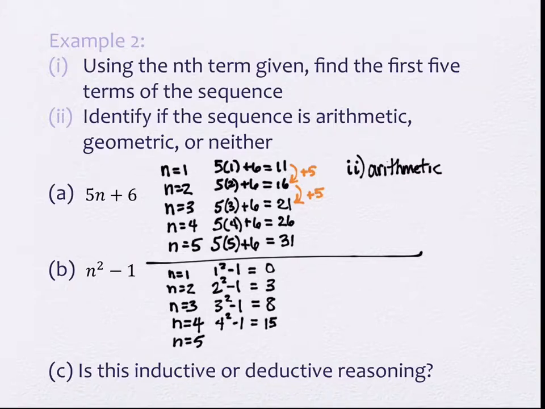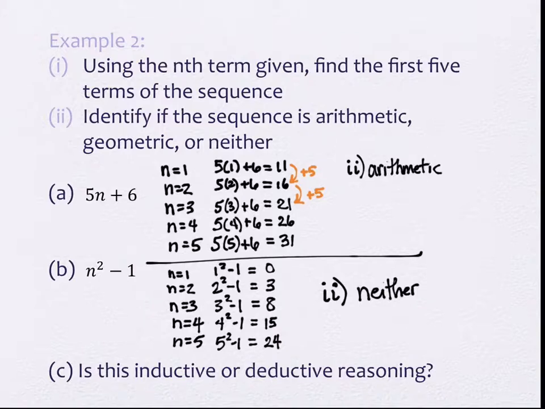Good. And 5 squared minus 1. 24. Okay, we're supposed to identify arithmetic, geometric, or neither. You're right, it's neither. You can rule geometric out immediately. Can somebody tell me why?